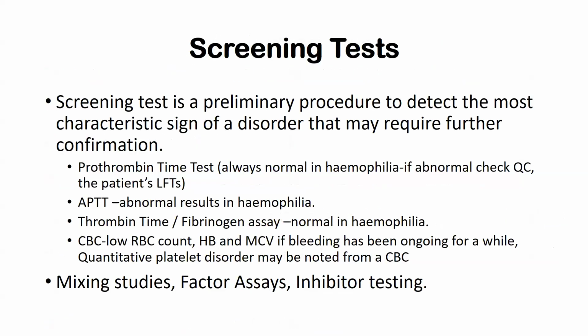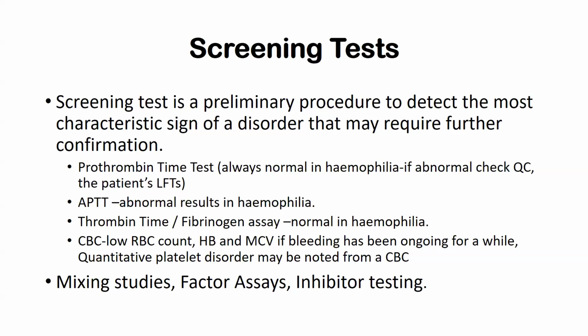So when we come to the lab, there is a screening test that is done. The screening test is usually the preliminary procedure to detect the most characteristic sign of a disorder that requires further investigation. Number one is the prothrombin time, normal in our hemophilia patients. If abnormal, just check your QC. If there's a problem, LFTs, maybe the patient has a problem with the liver. APTT is the gold test that we check on hemophilia patients, usually abnormal, meaning it's prolonged.